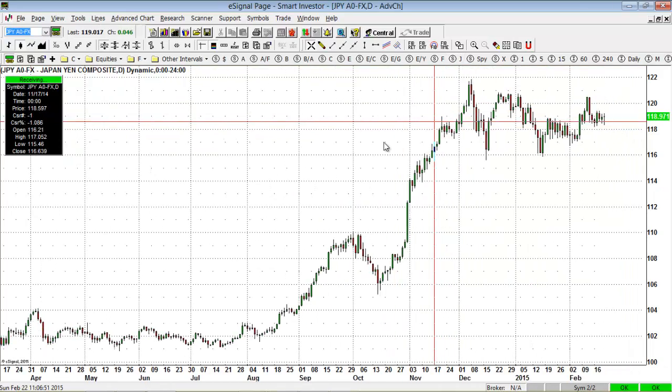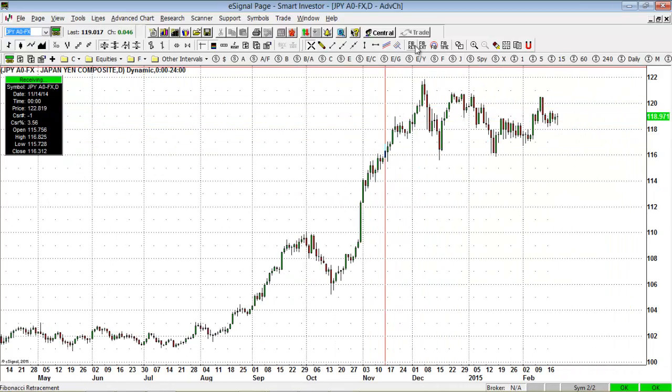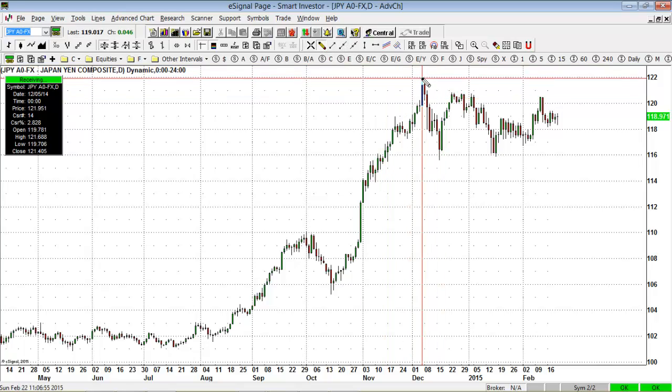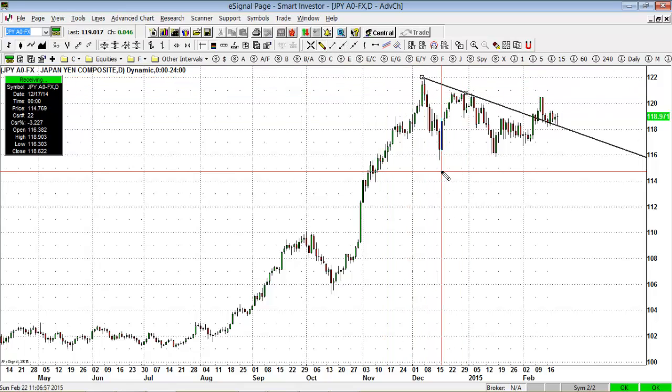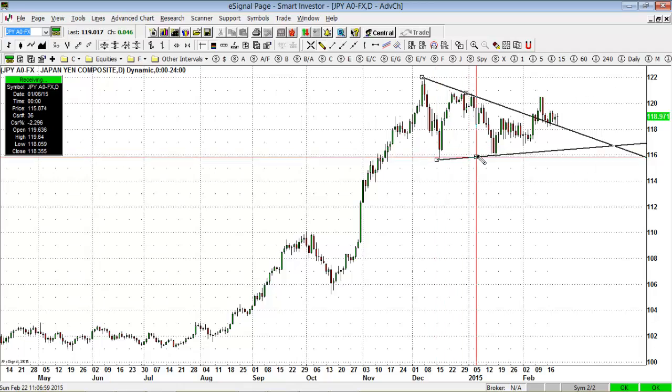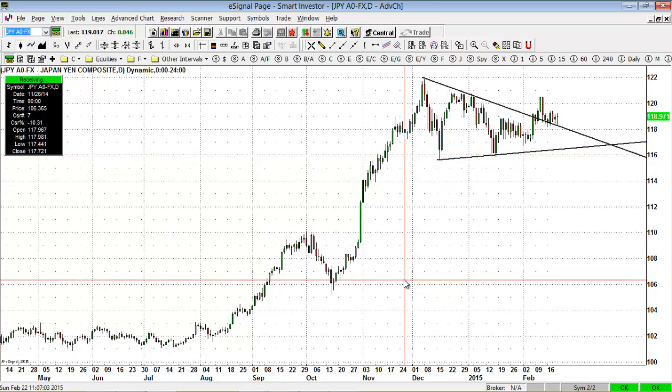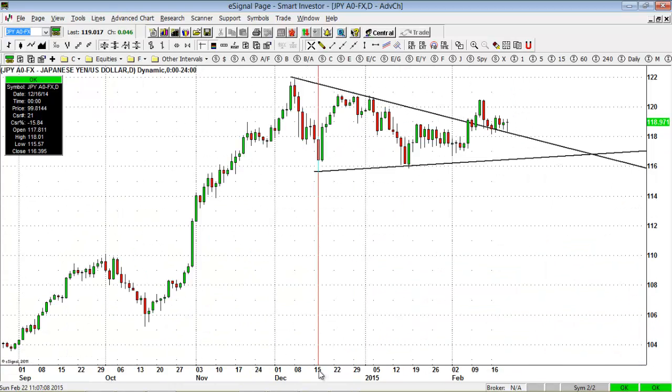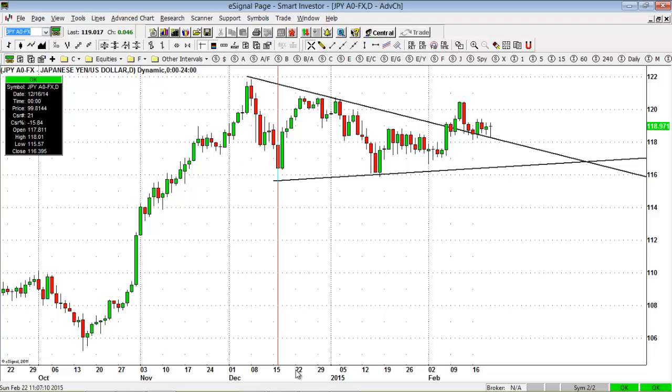Okay, taking a look at the Japanese yen, we had a situation developing where the market was in a triangular consolidation pattern. This is a daily chart of the US dollar Japanese yen.